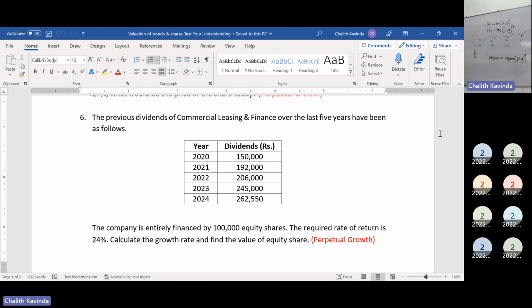Definitely. Then it's 262,550 divided by 150,000 equals (1 plus G) to the power 4.